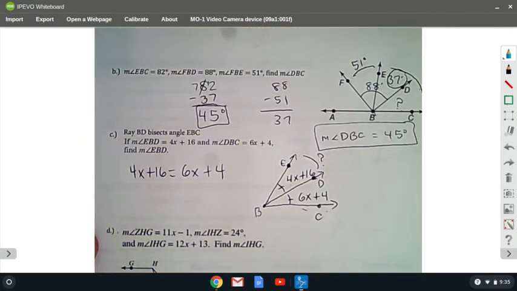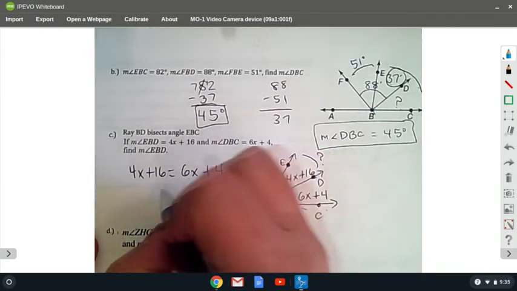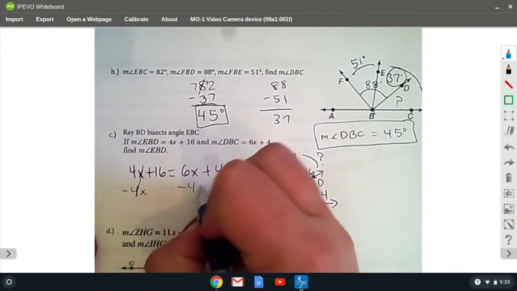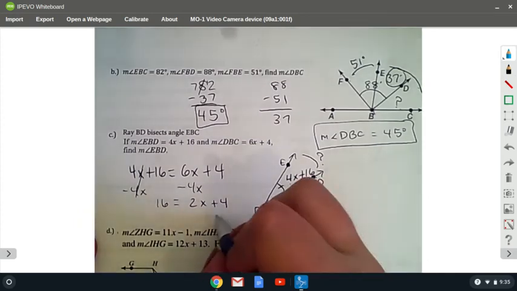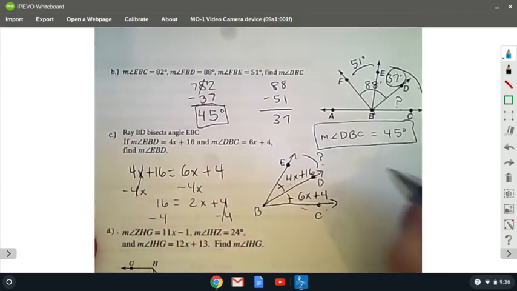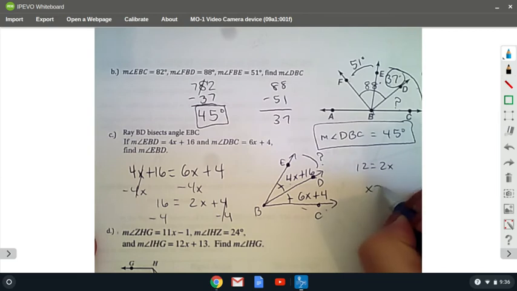Because we know they should be congruent or equal, we can set them equal to each other and solve for x. So I just set these two expressions equal. Now I'm going to solve. I'm going to subtract 4x. And then I'm going to subtract 4. That gives me 12 equals 2x, so x is 6.